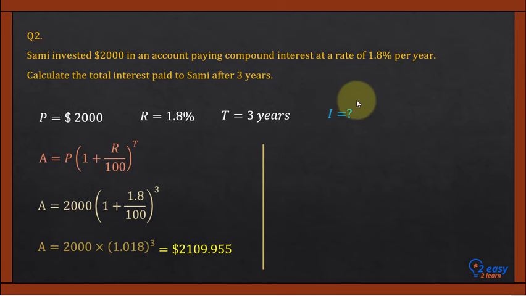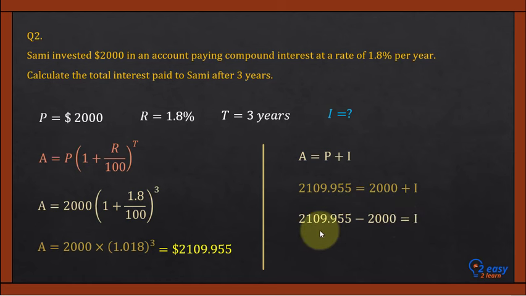This is the total amount at the end of 3 years, but we have to calculate the total interest which was paid for $2,000. We know that A is equal to P plus I. So the total amount is the principal amount plus interest. The value of A you will plug in, the value of P you will also write here, and I you have to calculate.